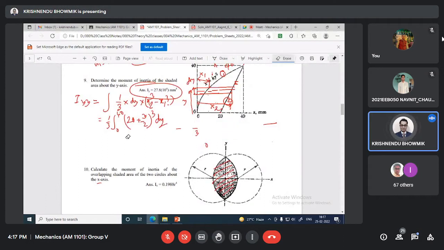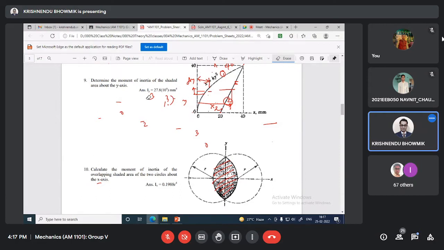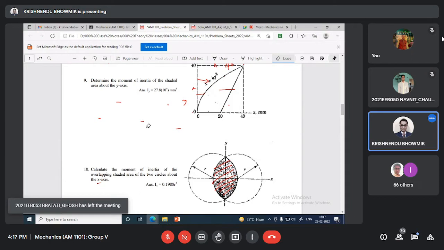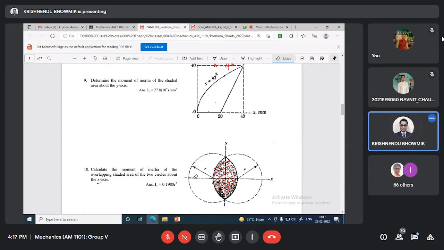Let me erase this. I need some space. So about the x-axis, let me try this drawing.